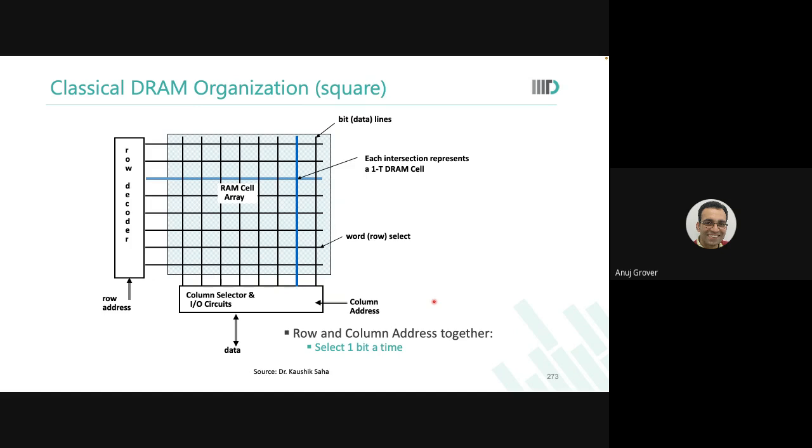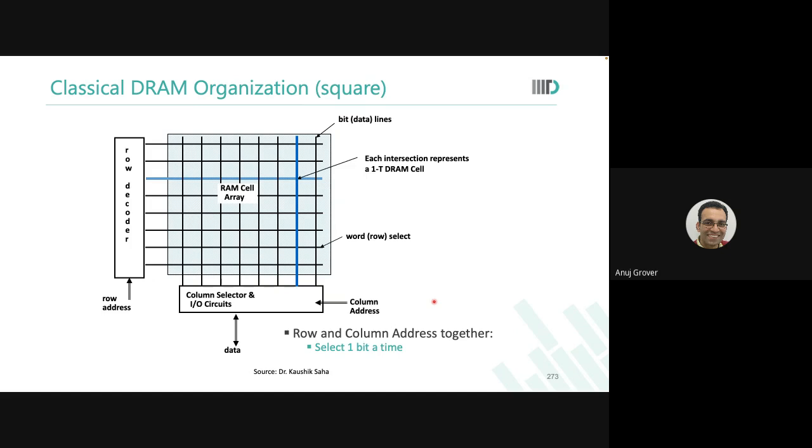DRAMs are your main memories. You want a large main memory. And in this large main memory, there are now many more words. Okay, bit width is also large, but there are many more words also. Each word has to be addressed individually. So your address bus is very large. If you try to add that many pins, that's a huge constraint.